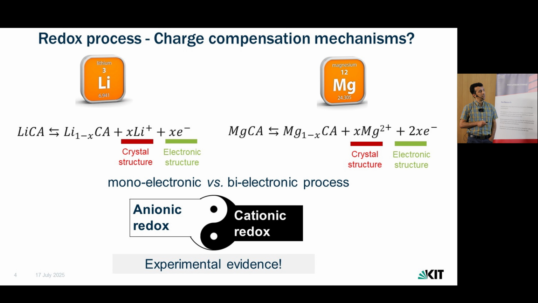So what is common and what is different between monoelectronic and bielectronic processes? Is it anionic redox, cationic redox, or a mixture of both? To track this, we need experimental evidence, and as yesterday's presentation said, characterization is the main frame of this process, going beyond the known characterization techniques.